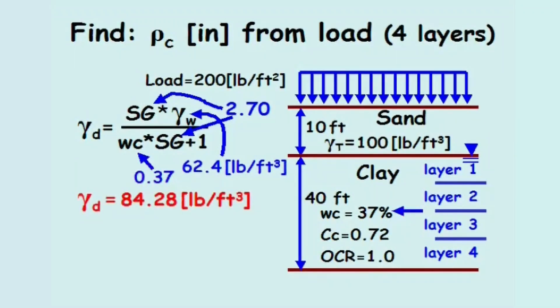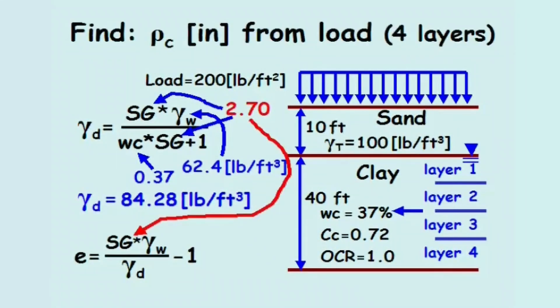The dry unit weight is 84.28 pounds per cubic foot. Next, we solve for the void ratio and plug in our specific gravity, the unit weight of water, and the dry unit weight. The initial void ratio of the clay is 1.